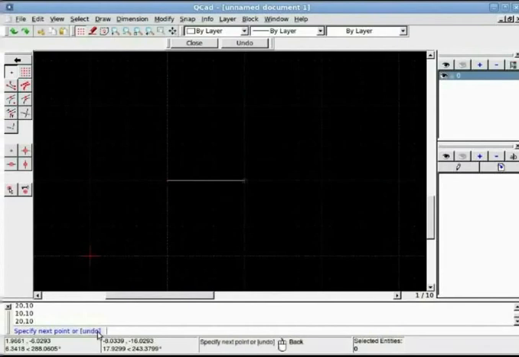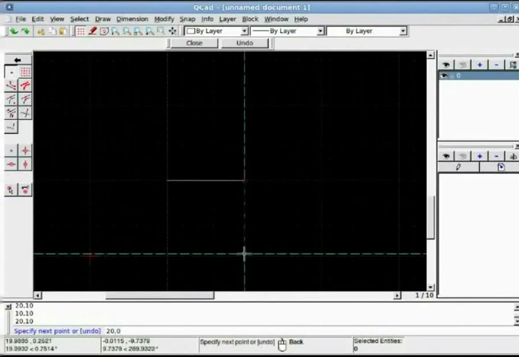Now, if I want to go vertical downwards, again of 10 units, for the next point at the command prompt, I will put 20, 0. The x-axis value won't change, and the y-axis will be 10 units less than the earlier value, so it will be 0.